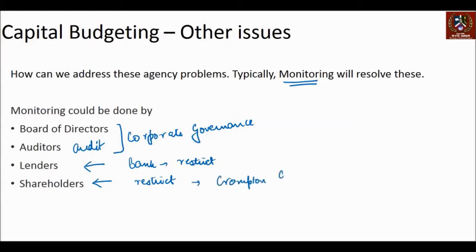The company management wanted to buy an aircraft, but the shareholders rejected that proposal. So sometimes shareholders may also end up doing some sort of monitoring, and that is important in the context of the agency problems. How do we address those problems? That could be done using monitoring.